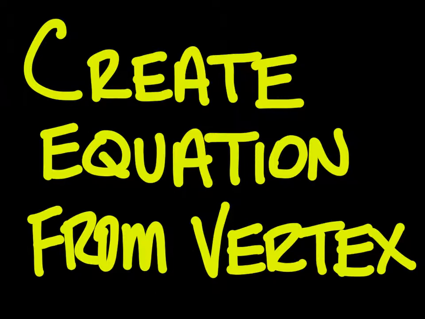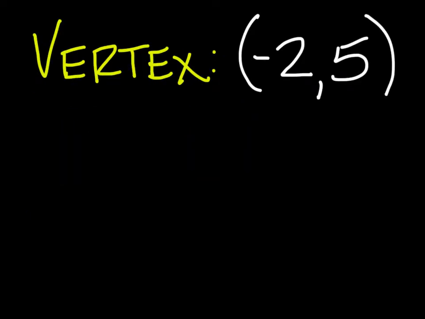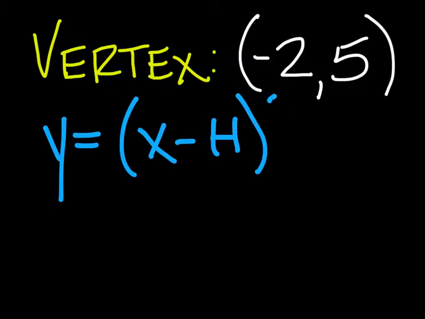Instead of getting a vertex out of an equation, we're going to create the equation from the vertex. So here's the vertex, negative 2, 5. If I have a vertex of negative 2, 5, I need to remember that I've got to put it in this form here. So if my vertex has a negative 2 in the point, then it must go into the problem and create what? A plus.